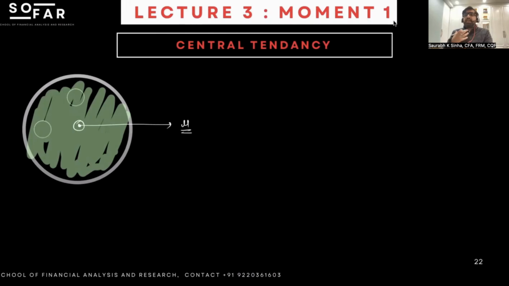But because of the time constraint, you're not able to study the whole population, and that's why you might have studied a sample and you found the mean of the sample. Whichever formula you apply, you find the mean of the sample, and the mean notation is x bar. I'm specifically talking about the notation. This is the notation for population mean, and this is the notation for sample mean.